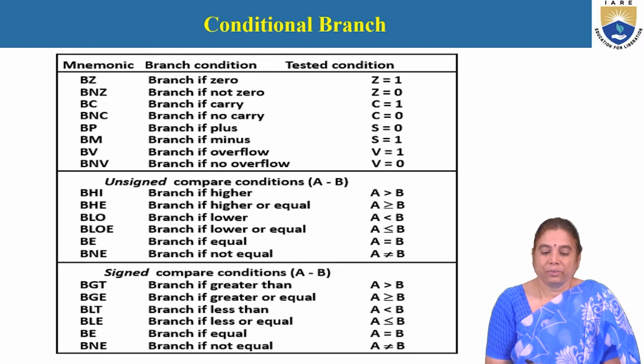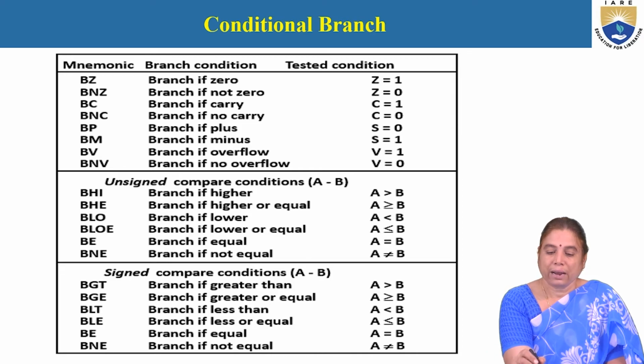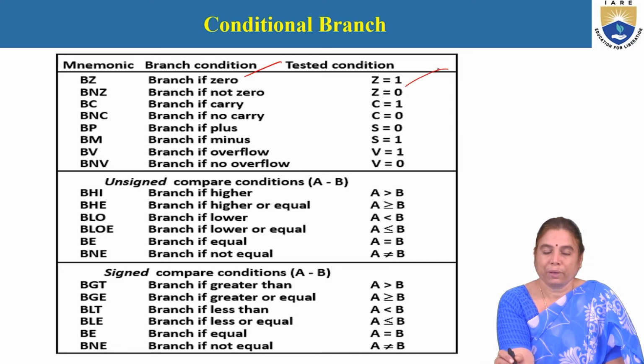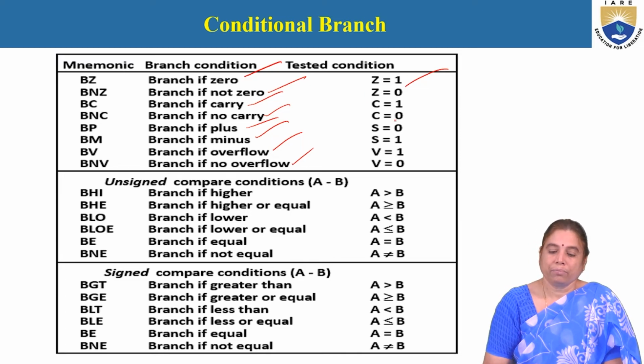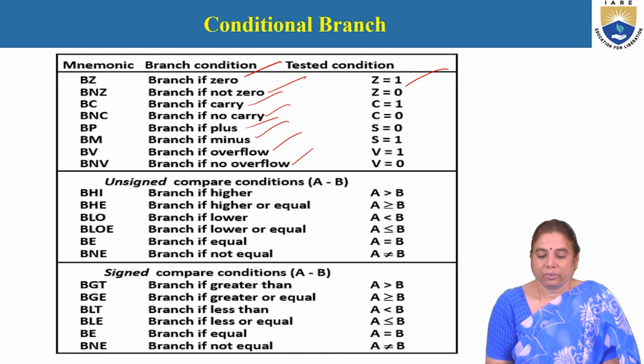Depending upon the status bits Z, C, S, V, conditional branching can take place. BZ means branch if zero, the Z flip-flop is used. BNZ, branch if not zero. BC means branch if carry. BNC means branch if no carry. BP, branch if plus. BM, branch if minus. Branch if overflow BV, branch if no overflow BNV. So based on the 4 status flip-flops, the conditions can be tested.